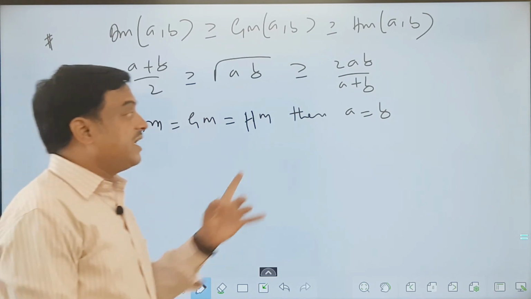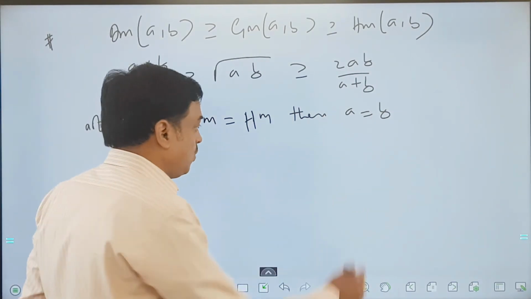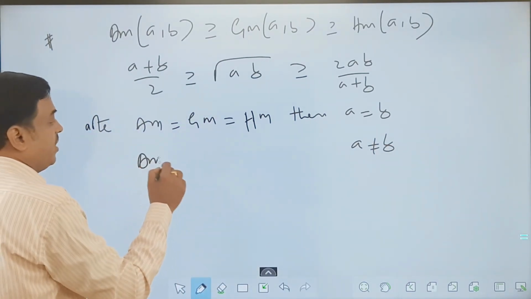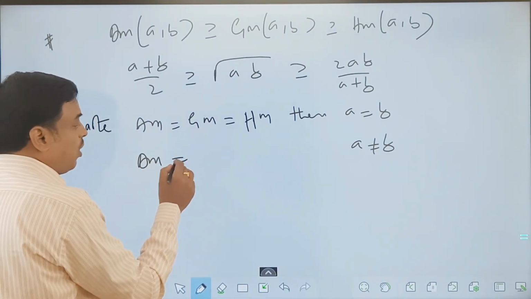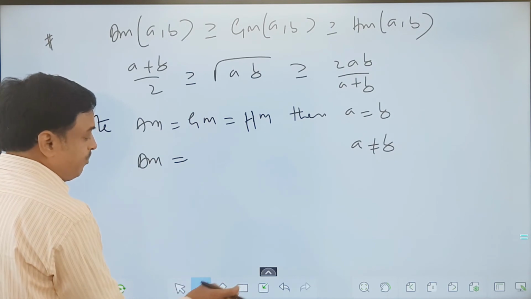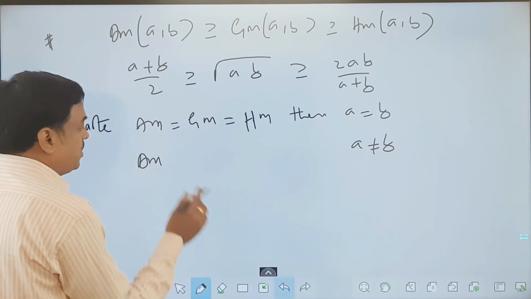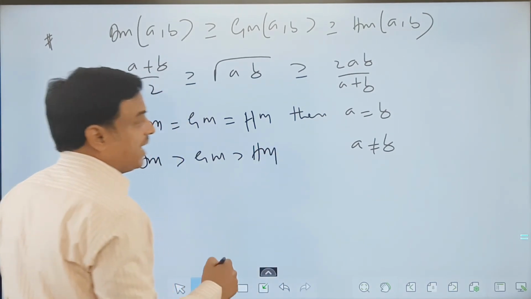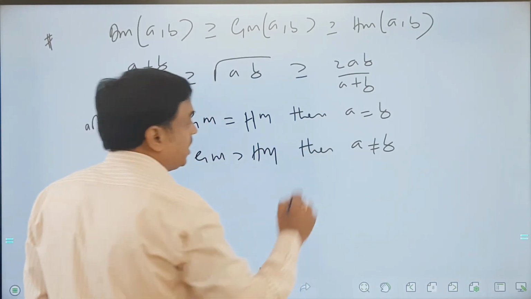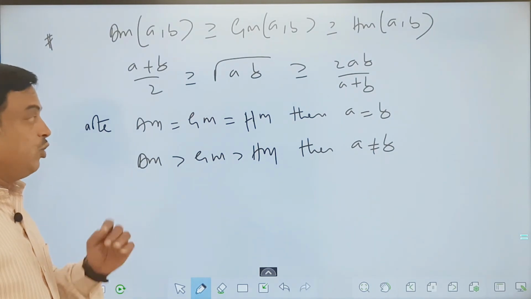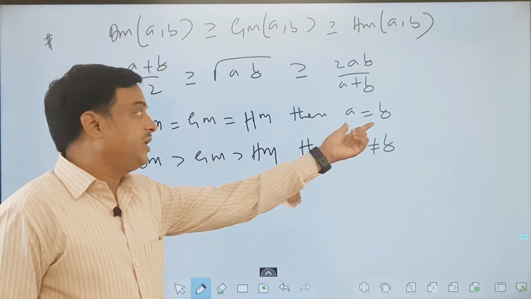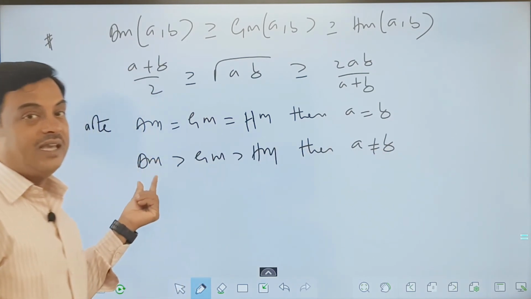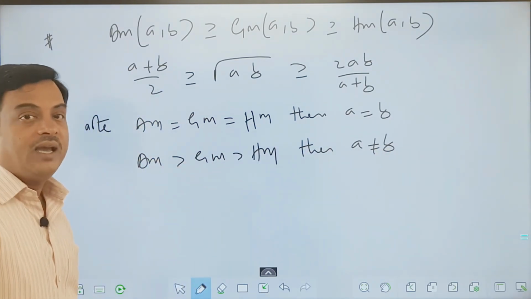Otherwise, if the numbers are distinct, a is not equal to b, then AM is greater than GM and GM is greater than HM. Remember two points, again I repeat: if a is equal to b, all three will be equal. If a is not equal to b, then AM is greater than GM and GM is greater than HM.